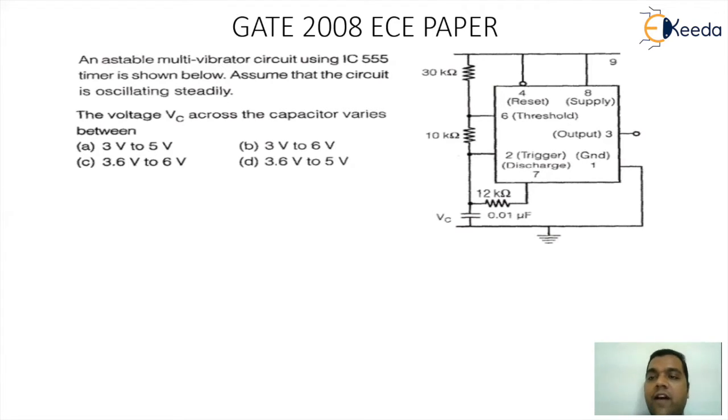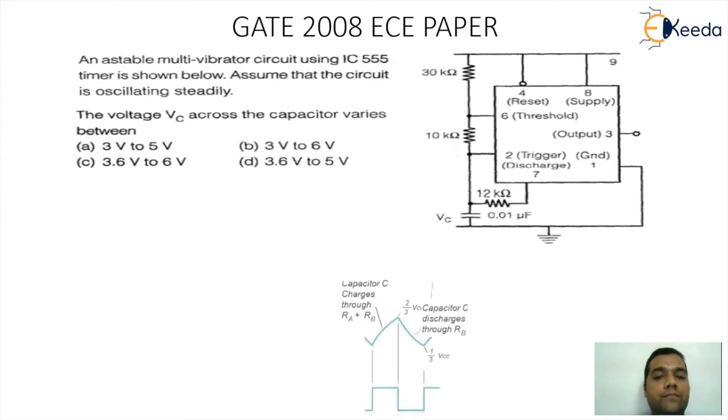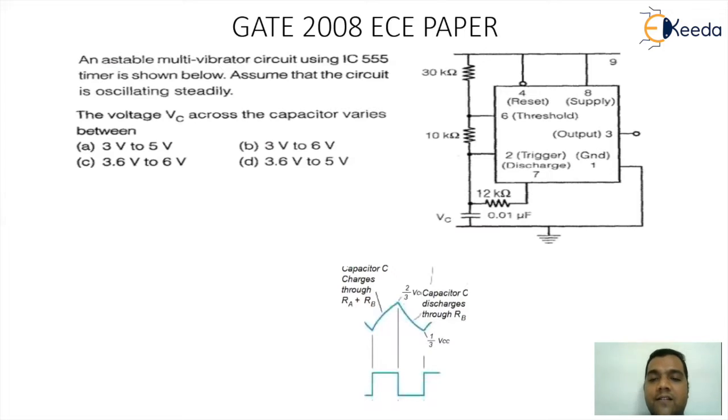That will be the controlling voltage for the capacitor. The control voltages are controlled by the internal resistances of the IC 555. Here the supply voltage is 9 and the control points are basically 1 by 3 VCC and 2 by 3 VCC. Let's go for the solution. As I've discussed, the charging and the discharging will happen between 1 by 3 VCC and 2 by 3 VCC for the capacitor.